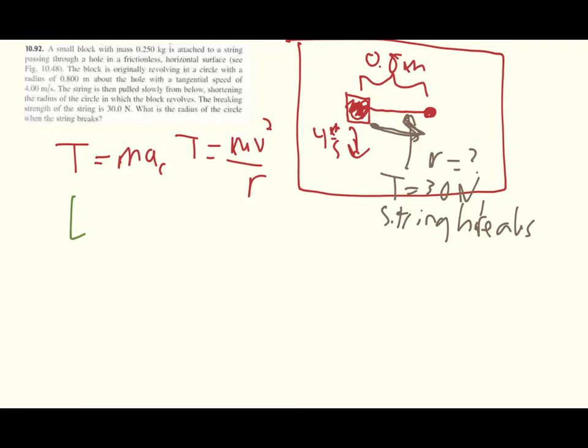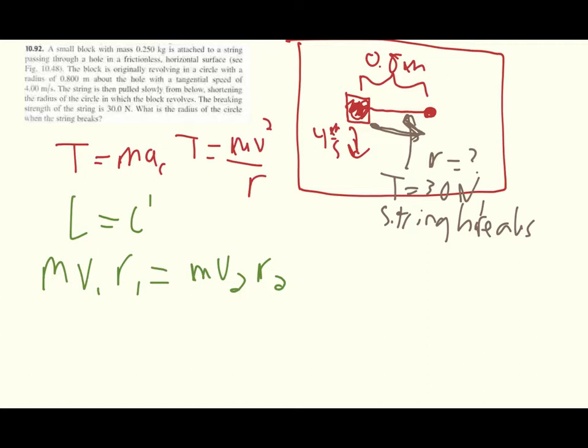In this case, L equals L prime. Again, it's only the block that has angular momentum, so we're just going to say that m v1 r1 equals m v2 r2. Notice it's the same mass both times because I have the same object, the block.